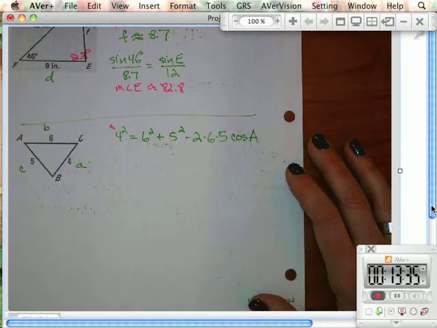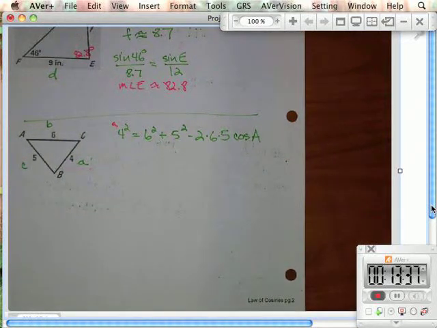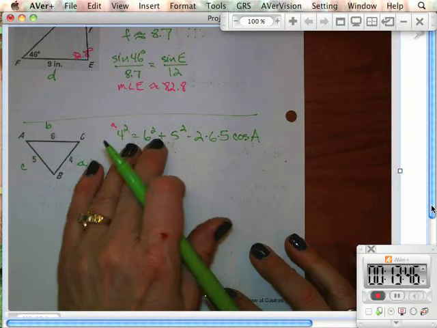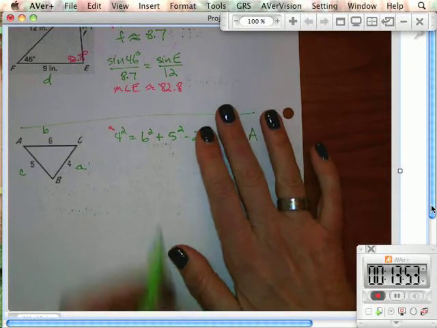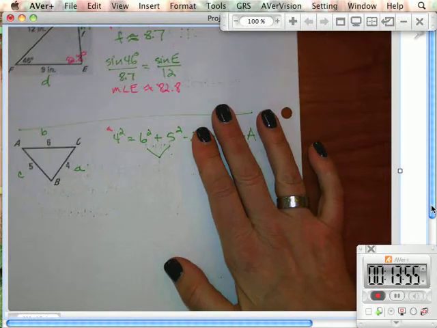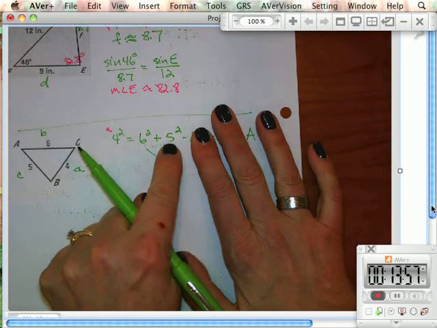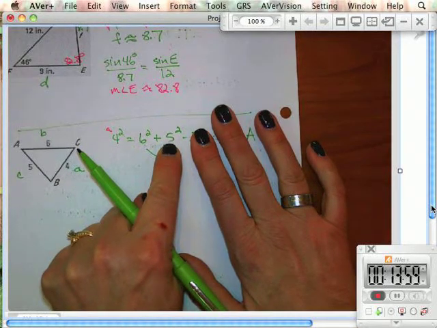Now it becomes kind of a big, ugly algebra problem, but it's not that hard. What you have to do is be careful, though. Third hour was trying to go straight across, and you can't do that. You have to do order of operations, okay? So what I would always do first is add these two together. That's 36 plus 25. What is that? 61.